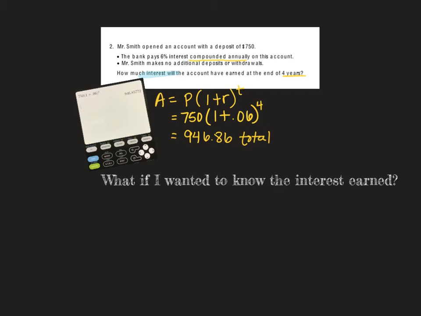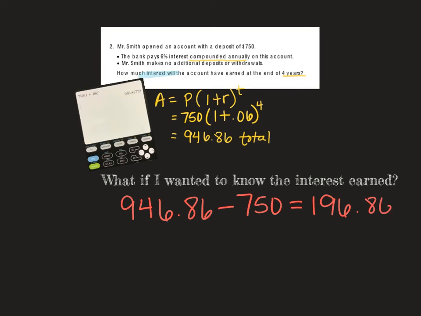Now, I already know that my total amount is $946.86. And I know that my principal amount was $750. And when I do that subtraction, I am ending up with $196.86 worth of interest that was added to my account.